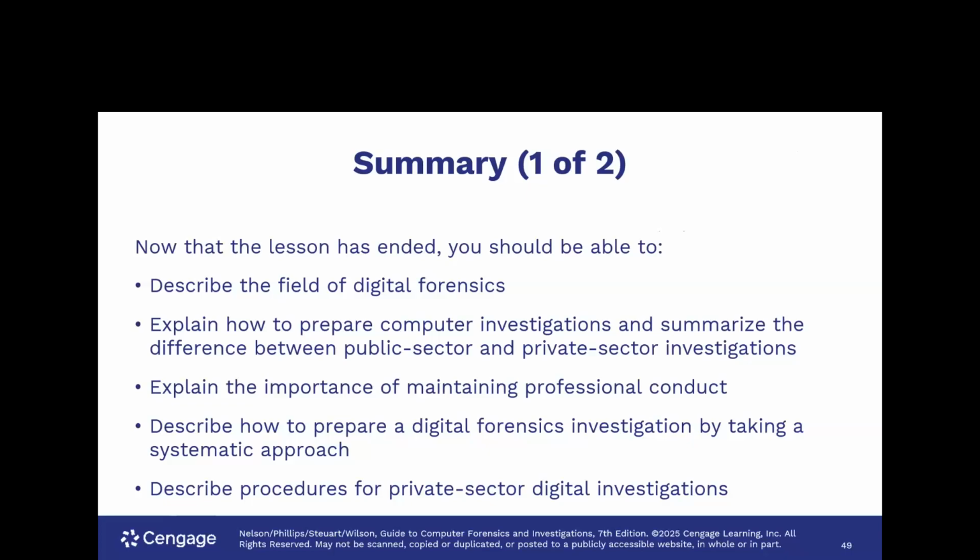Now that we've finished Chapter 1, you should be able to describe the field of digital forensics, explain how to prepare computer investigations, and summarize the difference between public sector and private sector investigations. Remember, digital forensics is not simply about recovering the data. It's a structured investigation process.